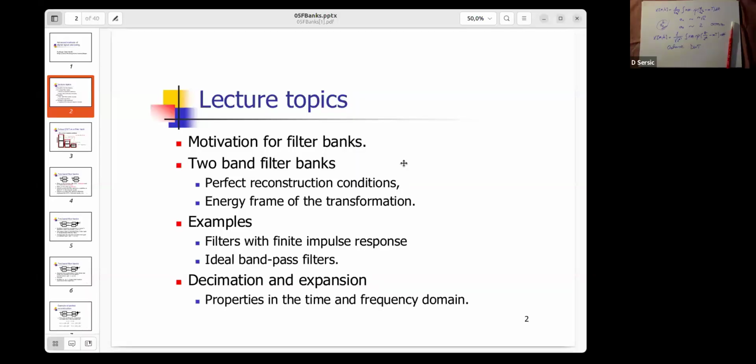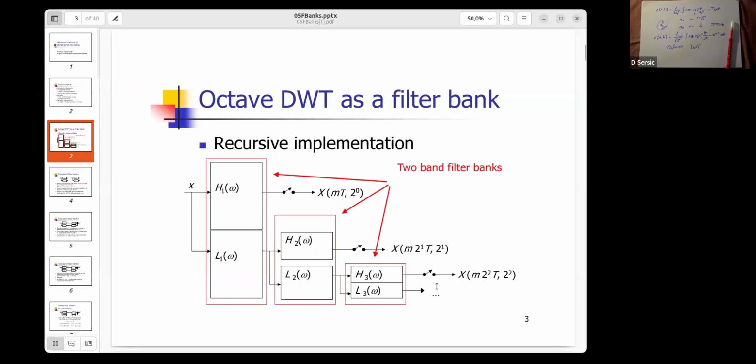So if we are talking about octave discrete wavelet transform, we can see the correspondence to a filter bank. We can imagine that H1 is a high pass filter that corresponds to the uppermost octave on the piano.